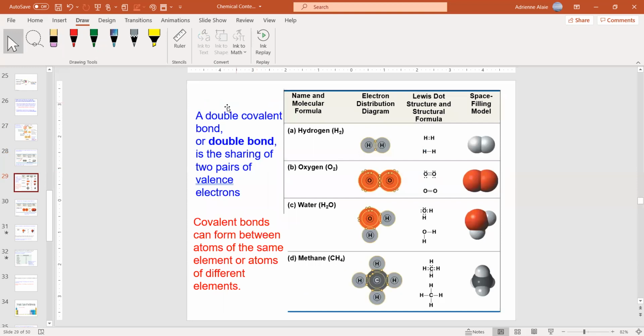Okay, now is it possible for atoms to share more than one pair with one another? And the answer is yes. On this slide, the example you see is an oxygen molecule, two oxygen atoms that are sharing two pairs of electrons. I blow it up on the next page, so we'll take a look at it again. But you can have atoms bonded by a double bond, right? So they are sharing two pairs or four electrons.